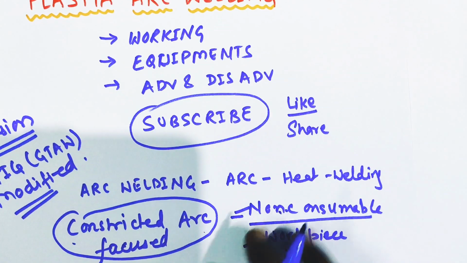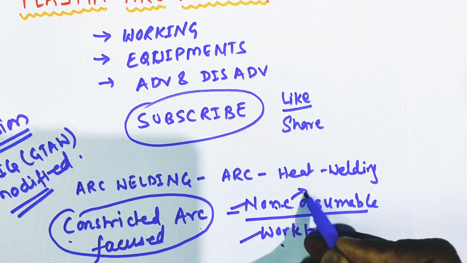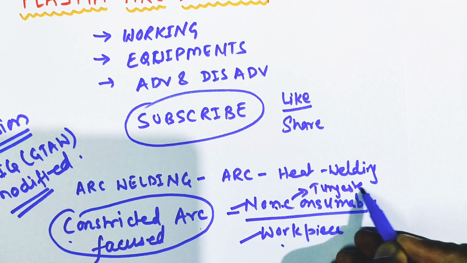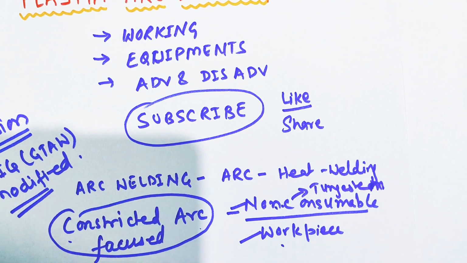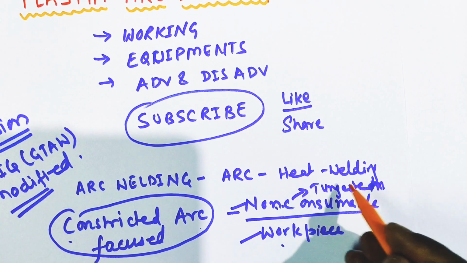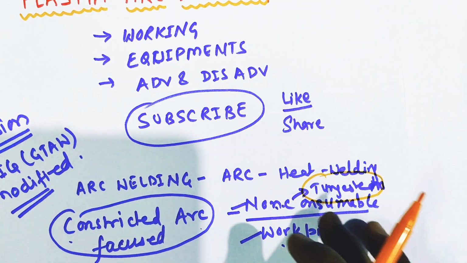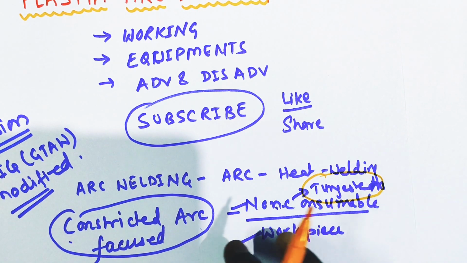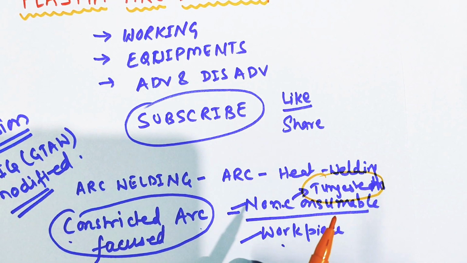Like TIG welding, here also we use a non-consumable electrode made of tungsten. But a very different technique is used to deliver the heat compared to TIG welding.